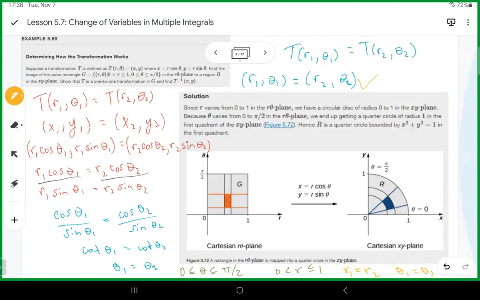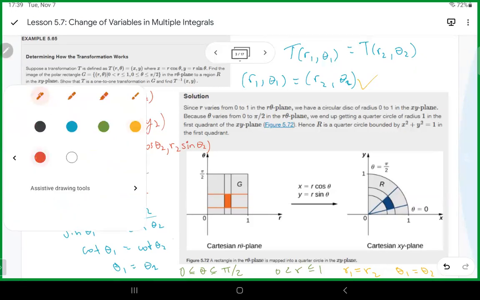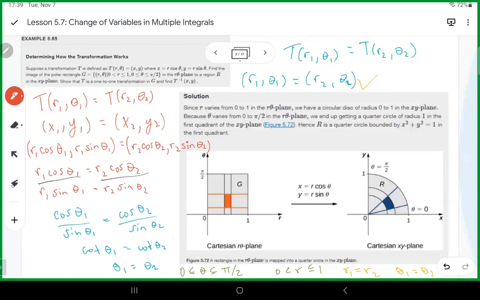Then to find T inverse of x, y, we would solve for R and theta in terms of x and y. Just wondering why they gave us so much, and then the solution too. Crazy.